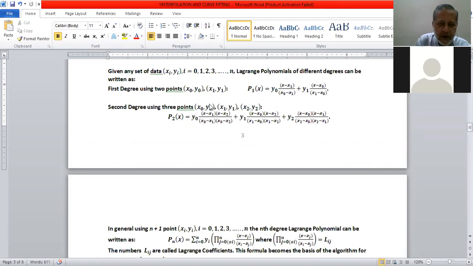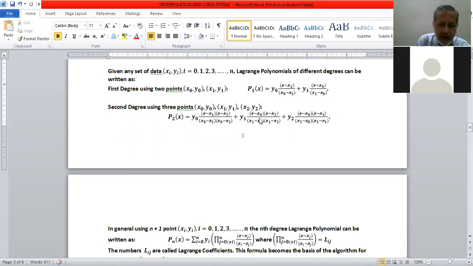Using 3 points, we can make a quadratic polynomial. And to construct the quadratic polynomial, we use the same structure as previously. Y0, y1, y2 terms. And with y0, we have x minus x1, x minus x2 in the numerator. X minus x0 is not there. And the denominator is constructed by replacing x by x0 in each of the factors that is present in the numerator.